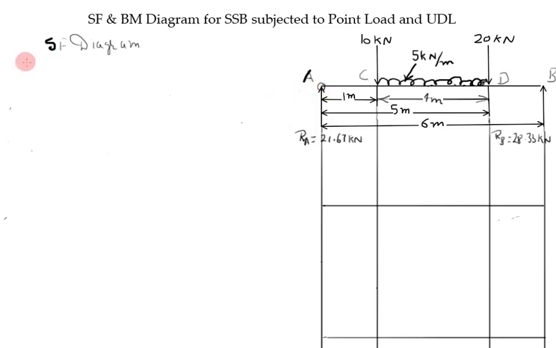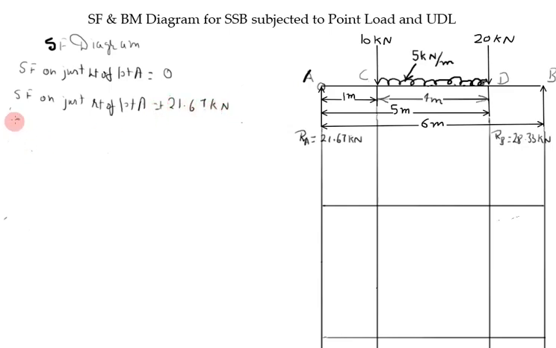So first one is shear force on just left of point A. There is no shear force on just left of point A, so it is 0. Next one is shear force on just right of point A. So place your finger on just right and sum up all leftward forces. So leftward force is 21.67 kilonewton, which is acting vertically upward, so positive.